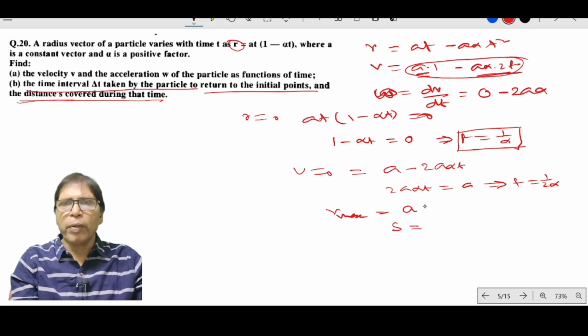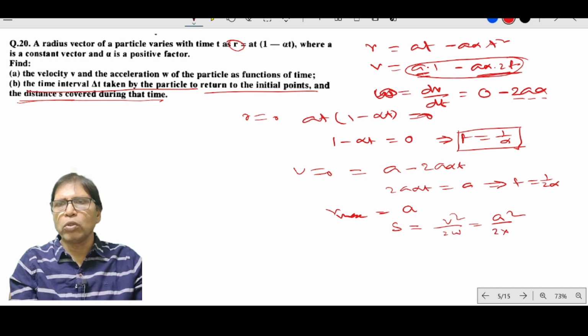Now the distance covered from the initial position to the zero velocity position. This is v square by 2 into acceleration. V square is a square, and the acceleration is 2a alpha. So this is a square by 2 into 2a alpha.